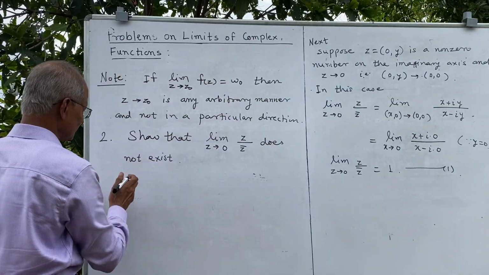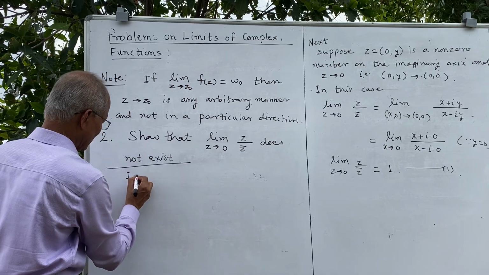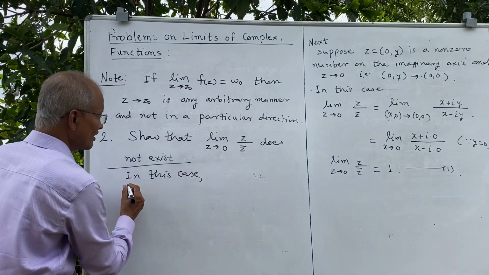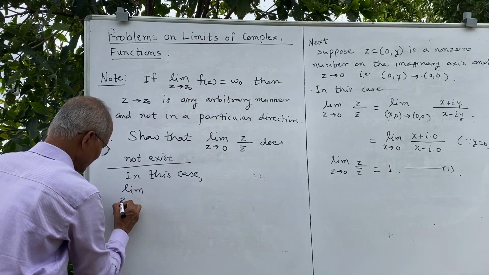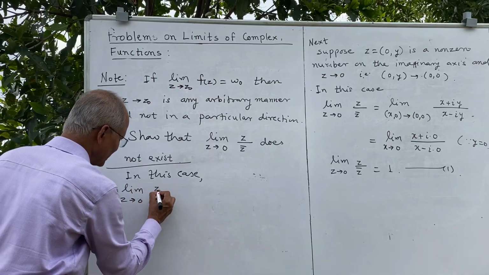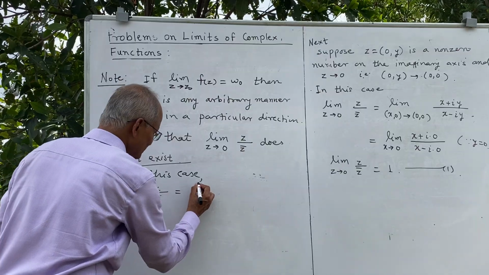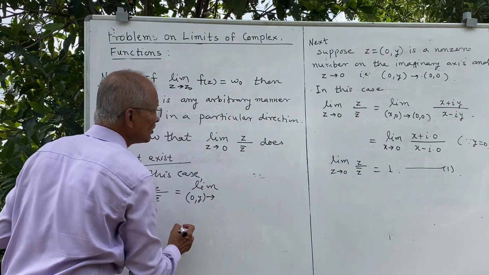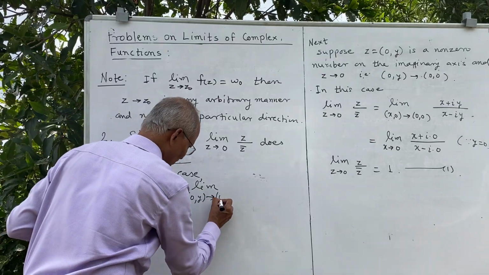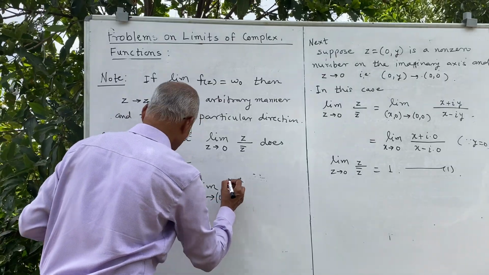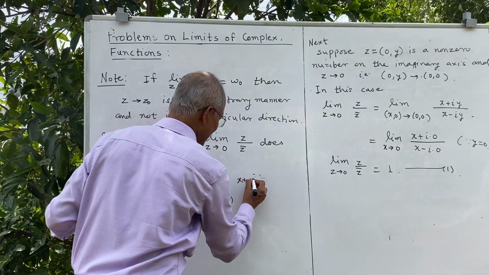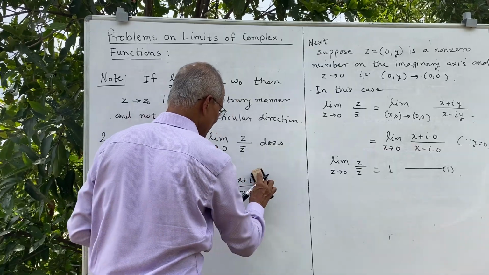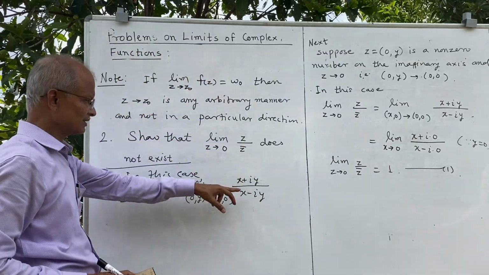In this case, what is the limit as z tends to 0 of z divided by z bar? This is limit 0 comma y tends to 0 comma 0 of z is x plus i into y and z bar is x minus i into y. That is the usual value of z and z bar.